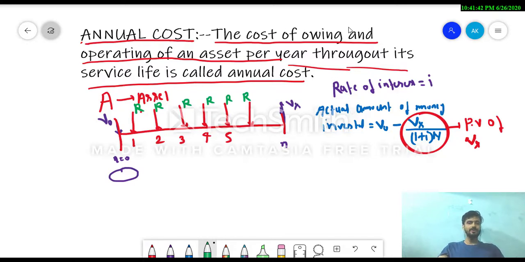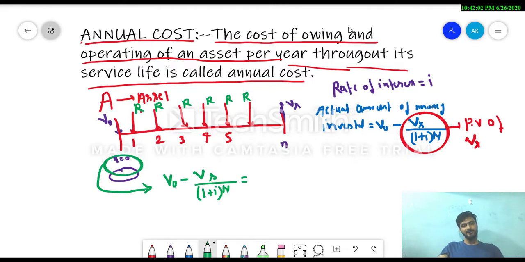So how will we calculate the value of R? We can apply the present value formula. V naught minus Vs upon (1 plus I) whole power n is equal to the actual amount of money you are going to invest at n equals 0. That will be equal to R into [(1 plus I) whole power n minus 1] upon [I multiplied with (1 plus I) whole power n].